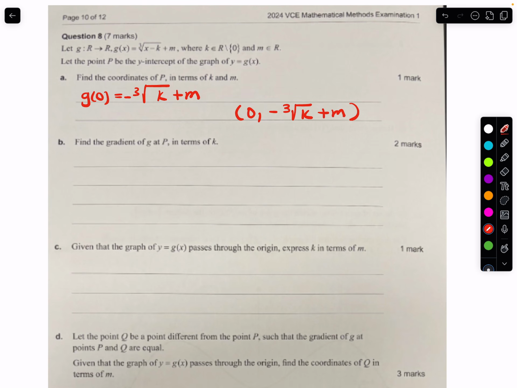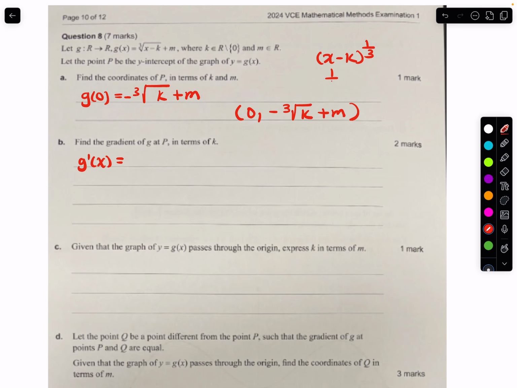Find the gradient of g at point P in terms of k. Beautiful. So what we need to do here is find the gradient, which is g dash of x. So rewrite this. You know how it's just x minus k to the power of 1/3, plus m. When you differentiate m, it's just a constant, so it goes off. You remember how to differentiate these?